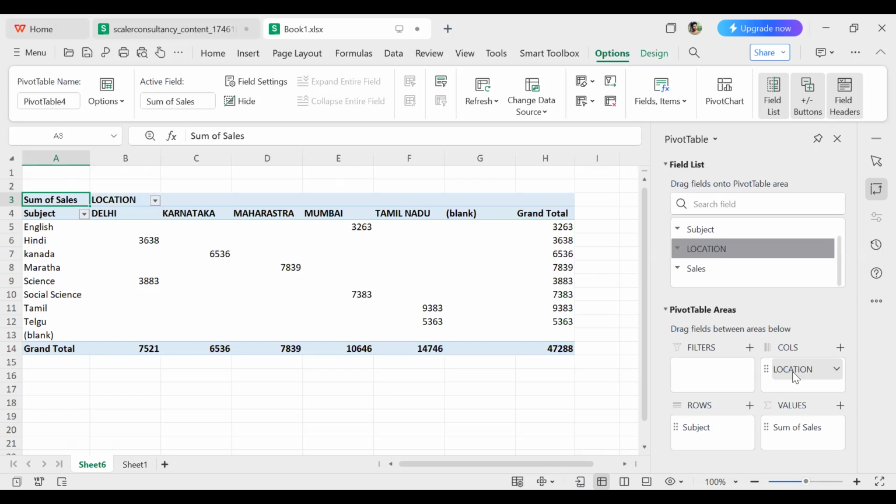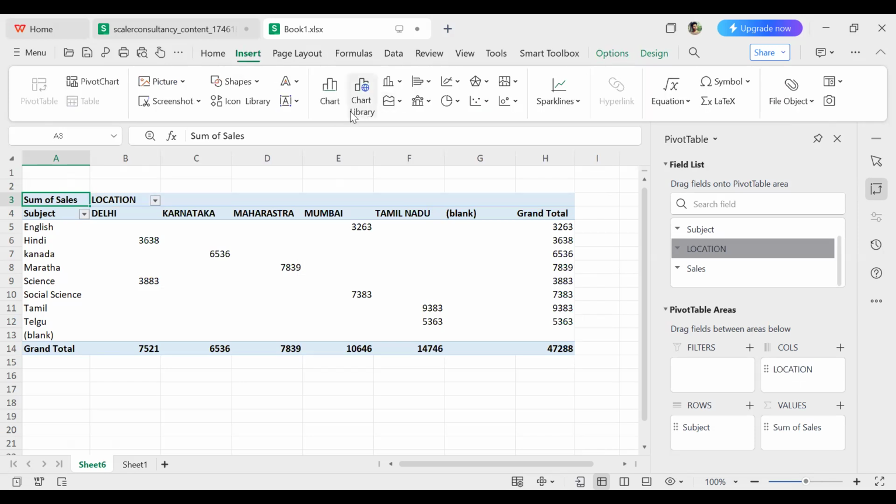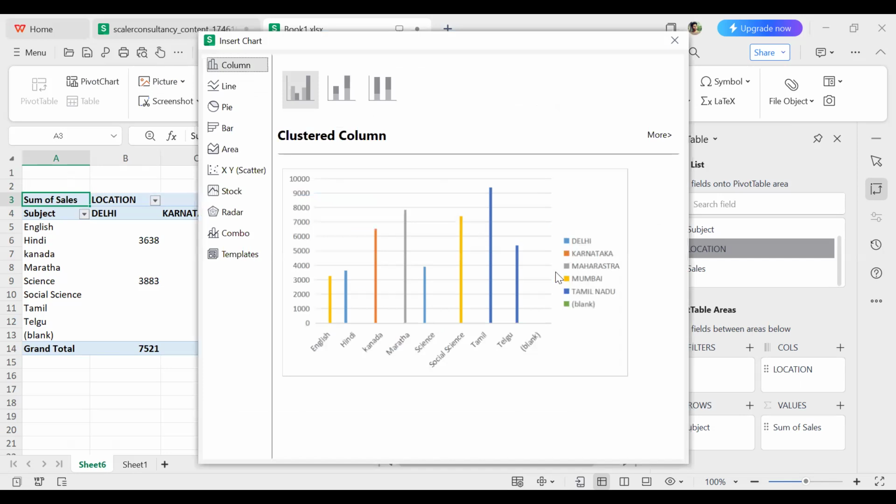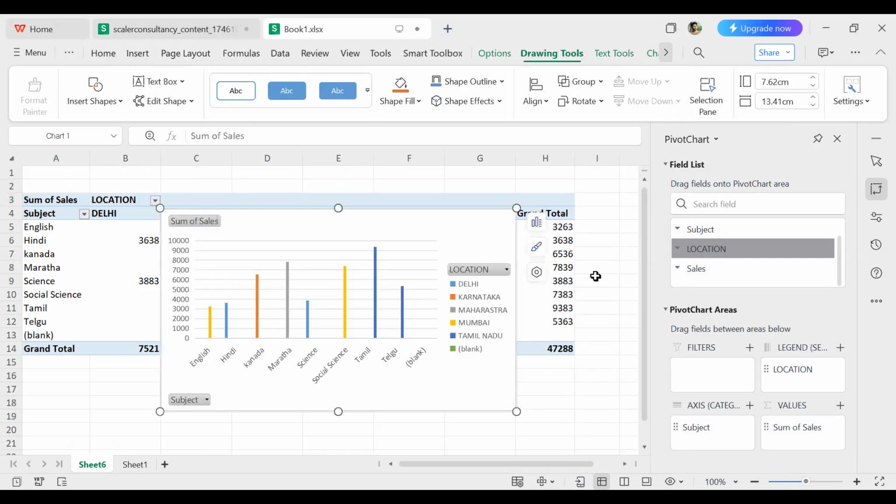Now you get proper data visualization. You can see English, Hindi, Kannada, Marathi, Science, and how much volume there is.